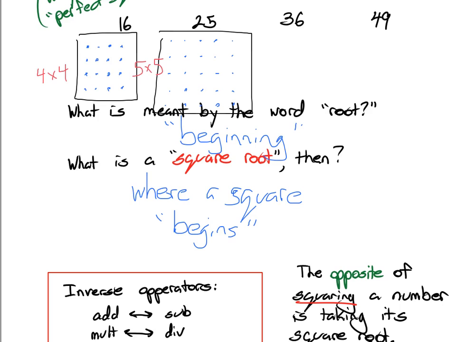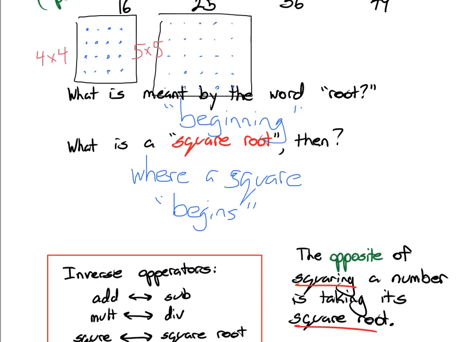We're going back to that square's beginning, aka we're going back to that square's root. So the fact that we know the perfect squares means we can go in the reverse direction and find out the square's beginning, aka the square root, which we'll be doing in just a moment. But there's some information about a square root that maybe you don't know just yet that we're going to talk about in just a moment.